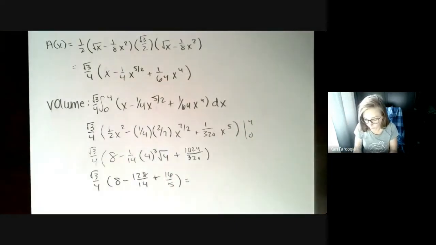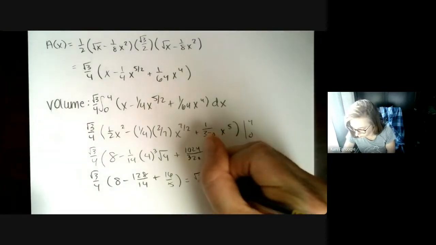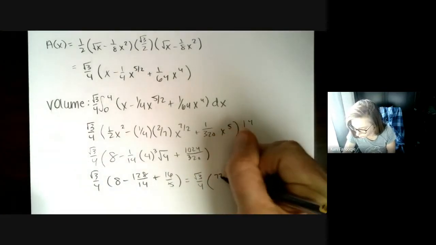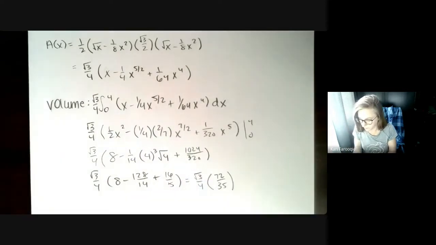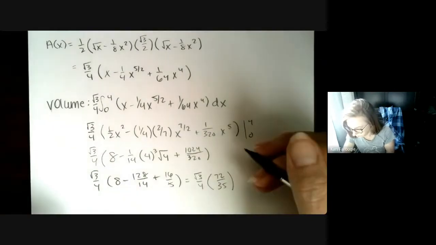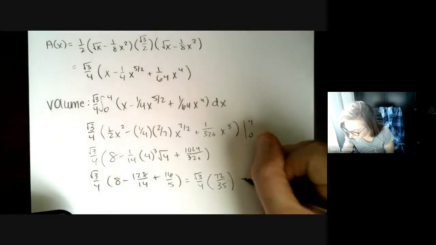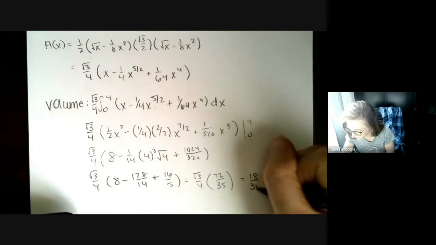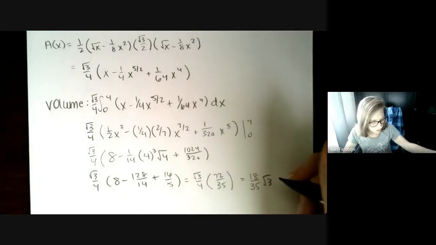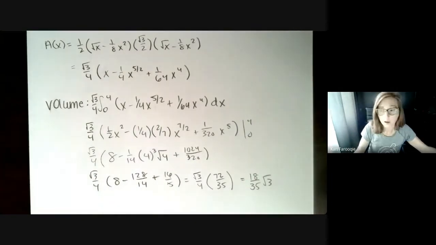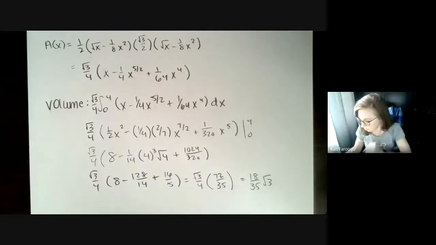And at this point, you might as well just say 8 minus 128/14 plus 16/5 is 72/35. And then 72 35ths divided by 4 is 18 35ths, times the square root of 3. Please tell me that's the answer. Yes, it is. Okay.